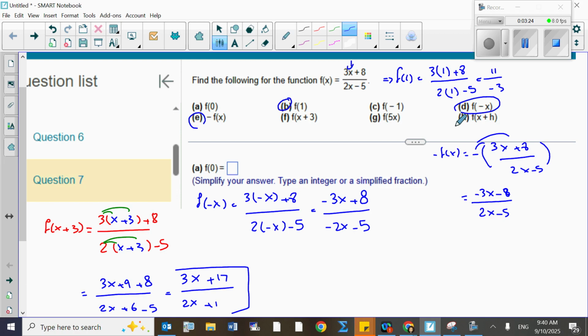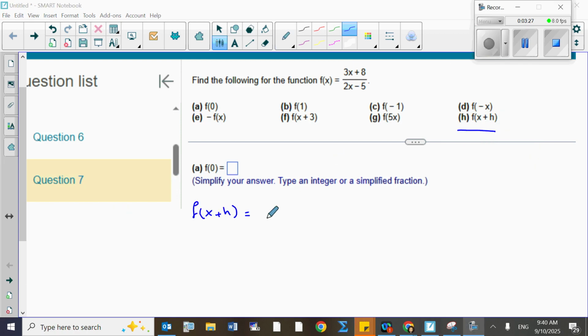Now let's see what is f of x plus h here. To find f of x plus h, I'm going to plug in x plus h instead of x here. So here this will be 3 times (x plus h) plus 8, over 2 times (x plus h) minus 5. Now it's time to distribute and simplify.